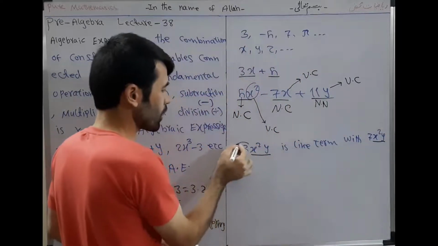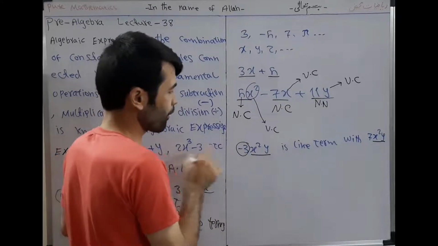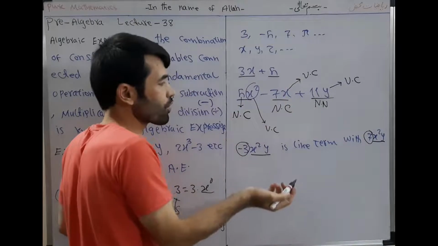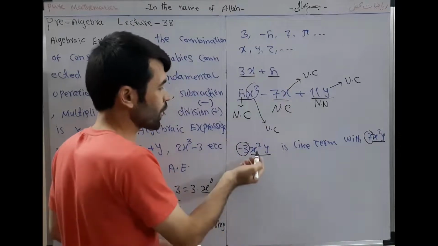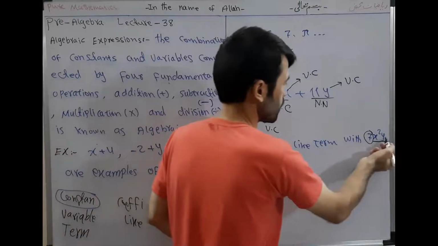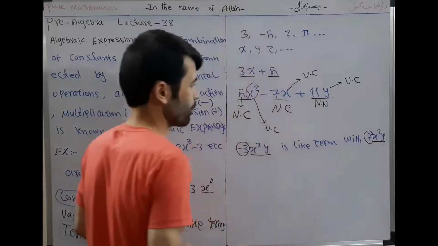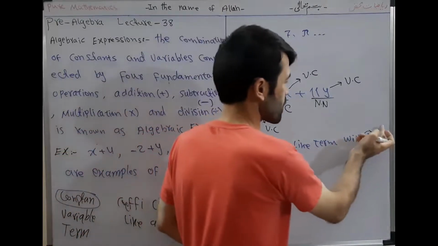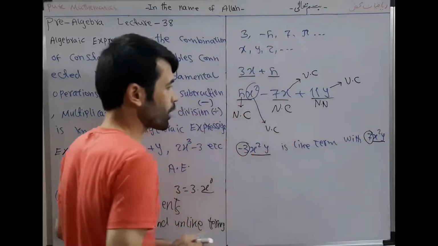We do not consider the numerical coefficient. If they are different, no problem. Just the variables should be the same. Minus 3x square y and 7x square y are like terms.